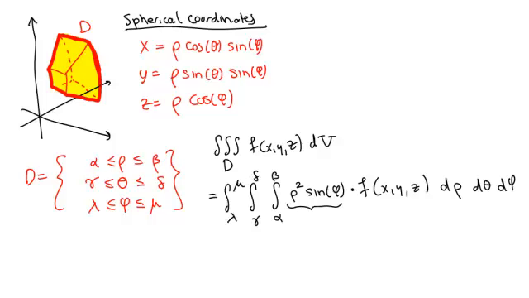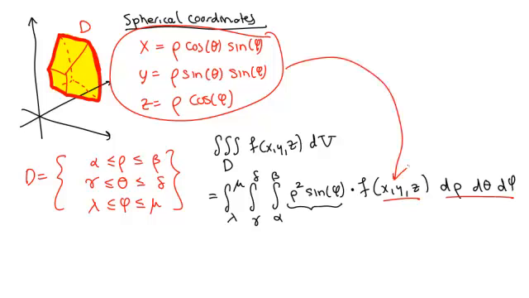Of course, written like this, we've mixed and matched spherical and rectangular coordinates, so we're going to have to take the rectangular coordinates in the formula for f and replace them with their spherical coordinate analogs.